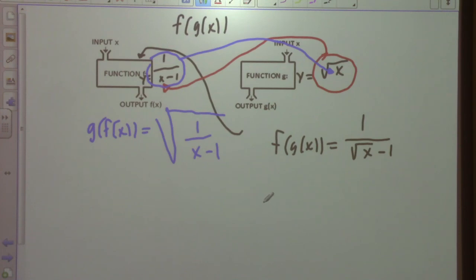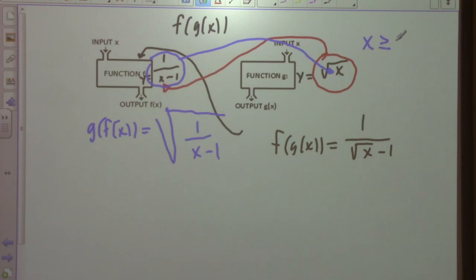What is the only thing we haven't done yet on this problem? We haven't done the domain, right? So let's talk about the restrictions to the domain here. In this square root of x, what is the restriction that has to do with square root? No negatives, right? Very good. And how do we make an inequality that says no negatives?